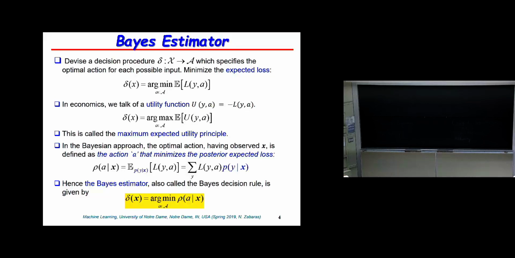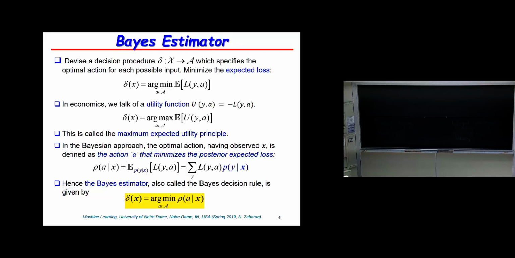I remind you that there is a true state that nature hides from us. We call it Y. We take an action A. We postulate a loss function, and then we compute the action that minimizes the expected loss.